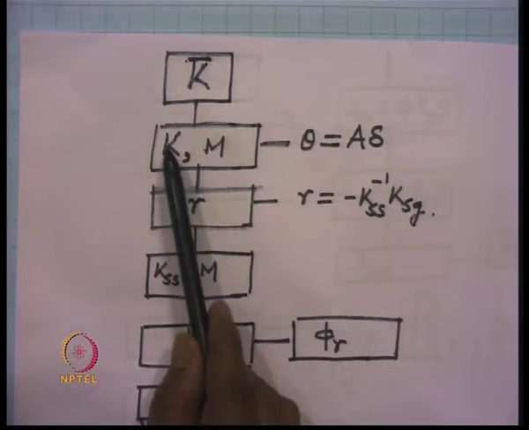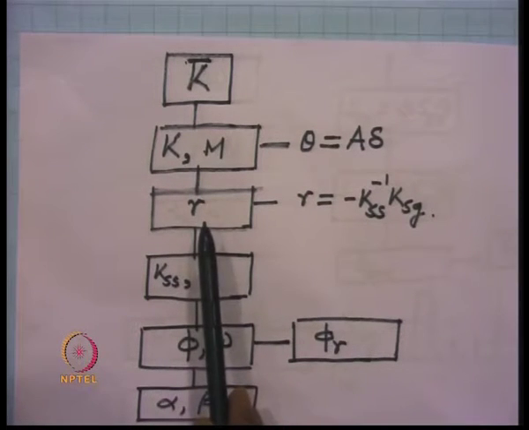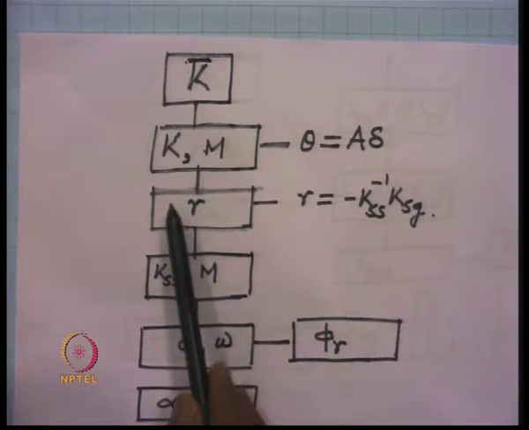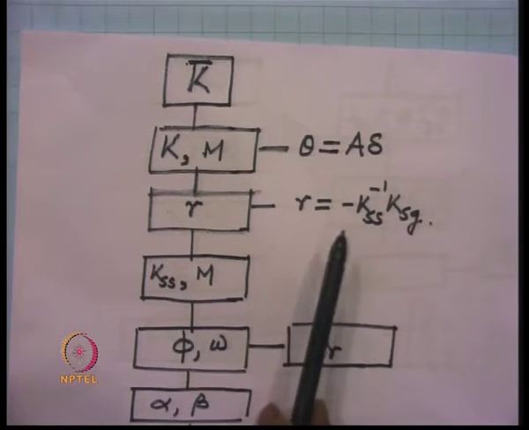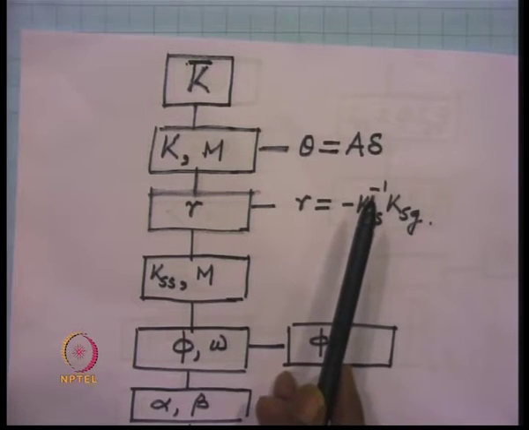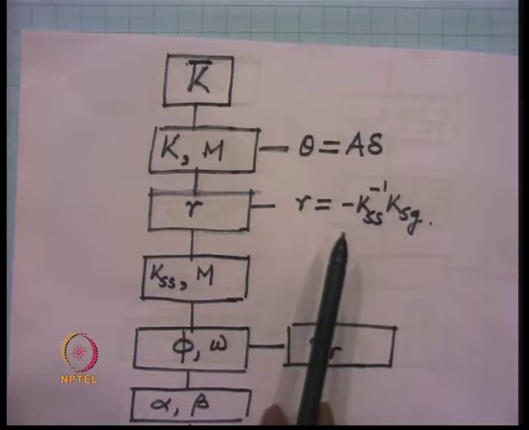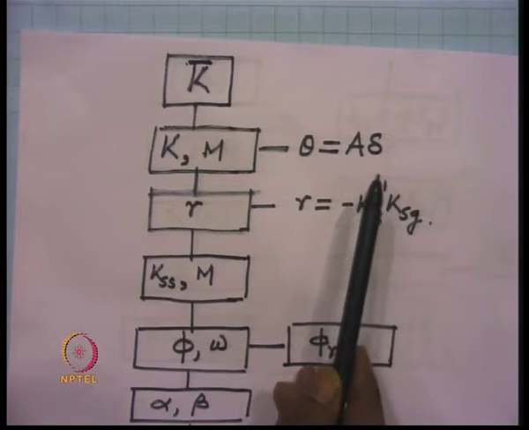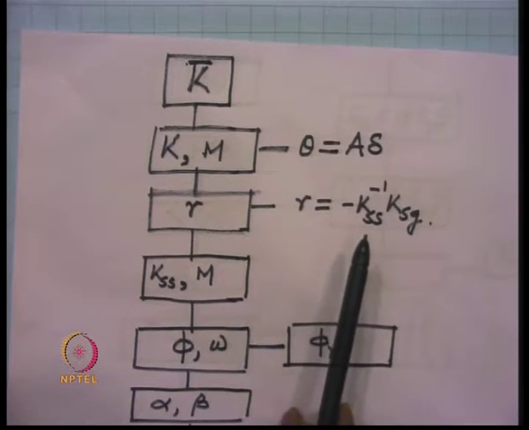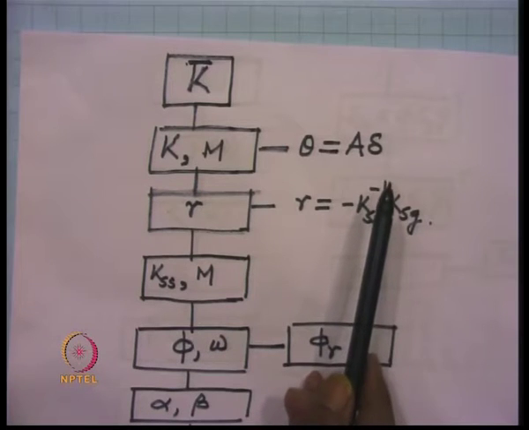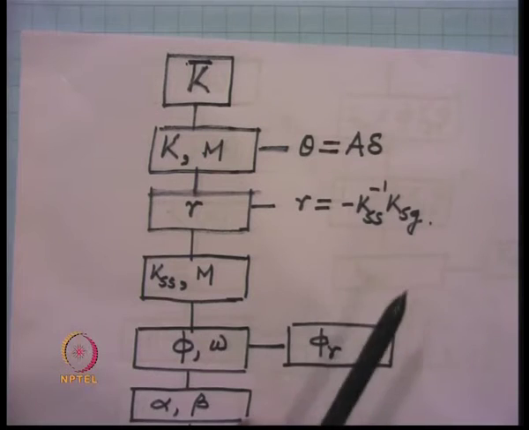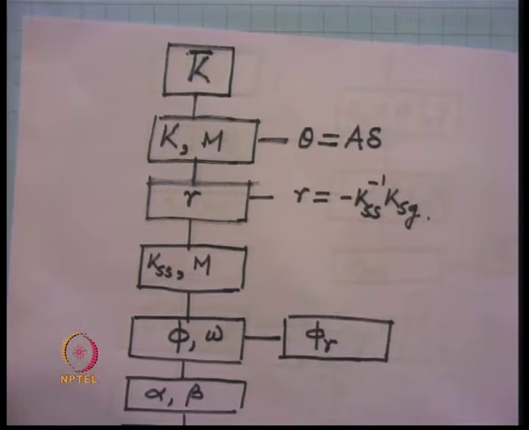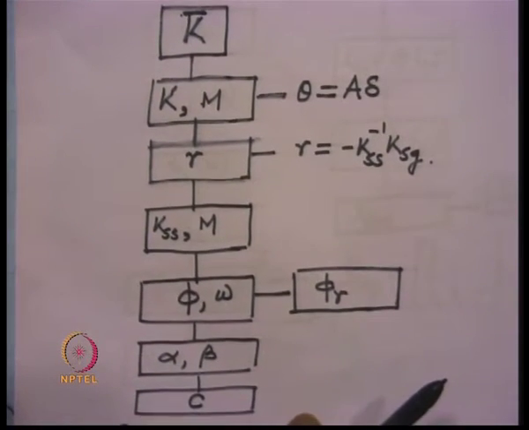From that matrix one can obtain an R matrix which is also stored, and this R matrix is of the form minus K_SS inverse, that is the inverse of the stiffness matrix corresponding to the non-support degrees of freedom, and K_SG, that is the coupling matrix between the non-support degrees of freedom and the support degrees of freedom.